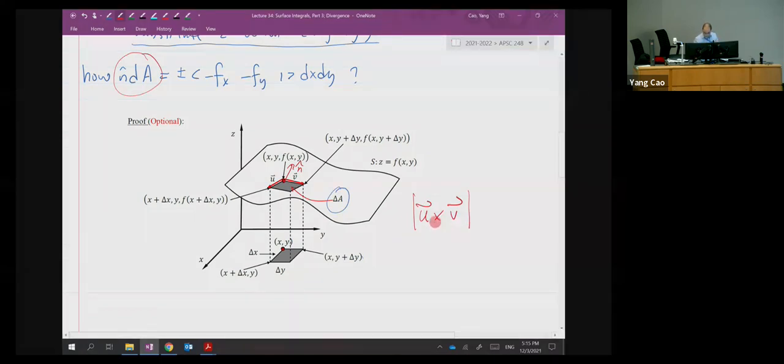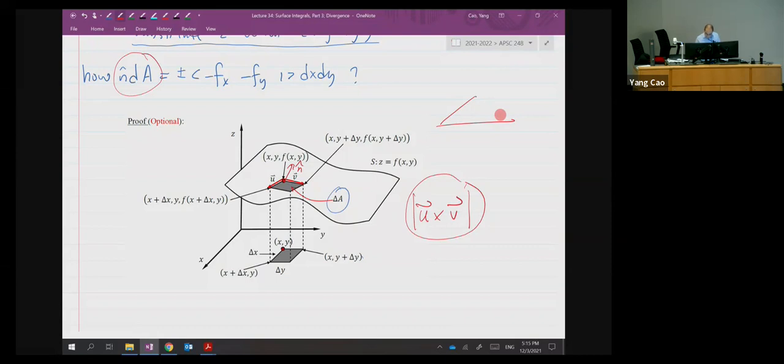You get the magnitude, and this magnitude represents the area of the parallelogram. And that's basically the dA we're looking for here.